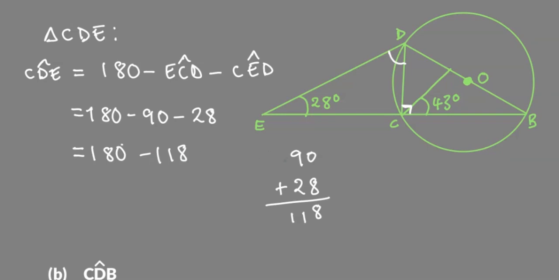Again, we do that calculation. We borrow a 1 from the 8 there. We remain with a 7. We carry a 1. 10 minus 8 is going to give us 2. 7 minus 1 gives us a 6. 1 minus 1 gives us a 0. So we can just look at that, 62. And therefore, CDE is equal to 62 degrees.